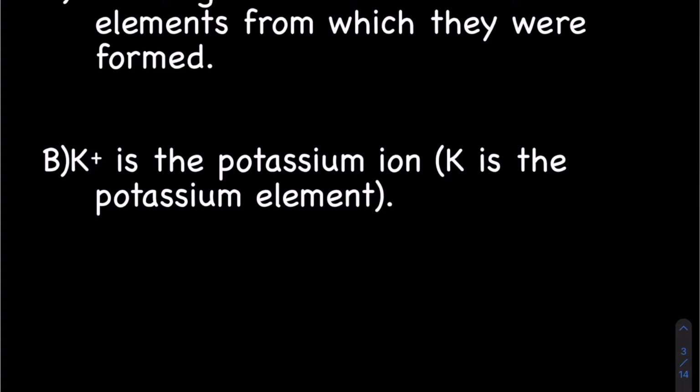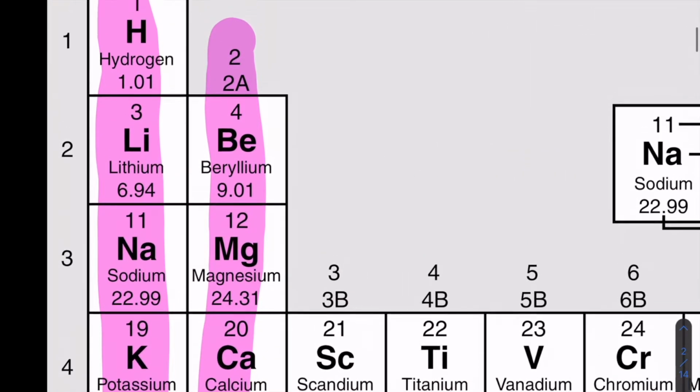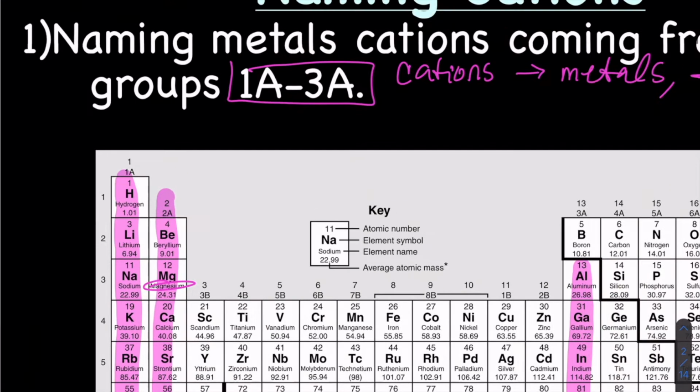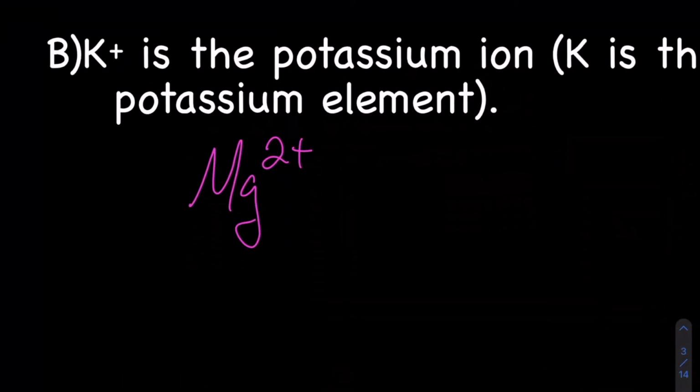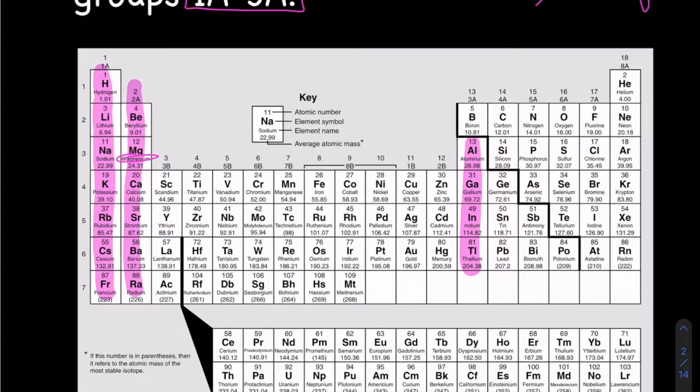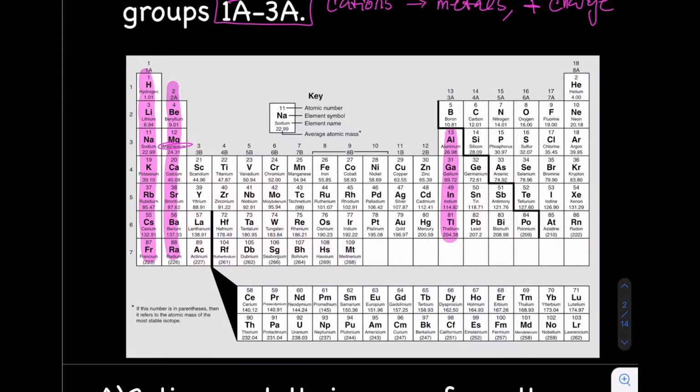So if I wanted to know the name of, say, for example, Mg2 plus, that's a cation, I would find Mg on the periodic table, see its name is magnesium, and I would just call this the magnesium ion. So really you're just looking the name up on the periodic table. And again, though, we're talking about only cations coming from groups 1A, 2A, and 3A. So that's not too difficult.